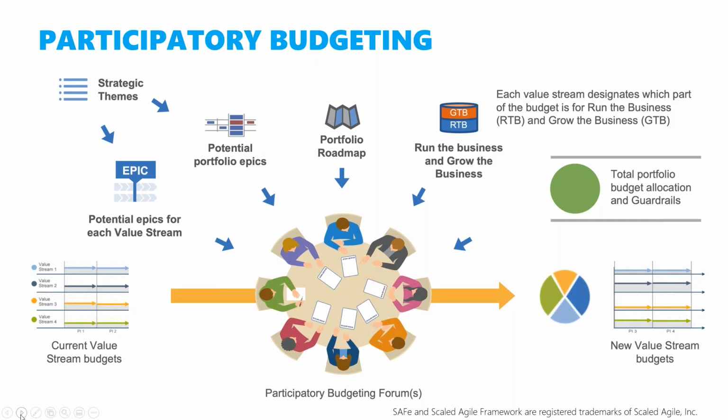One is it's very inclusive, so you allow different teams to interact, to sort of debate about ideas that might need funding. So it's a more inclusive process, which is great for transparency.